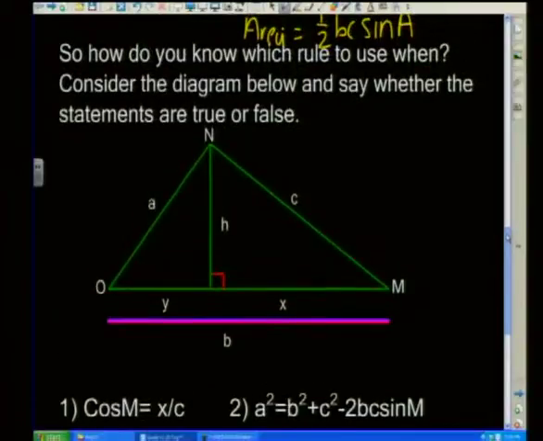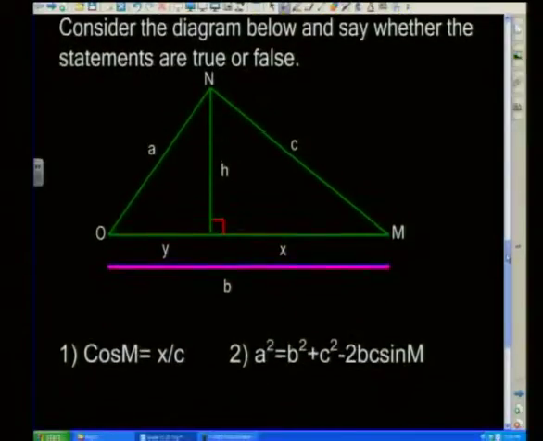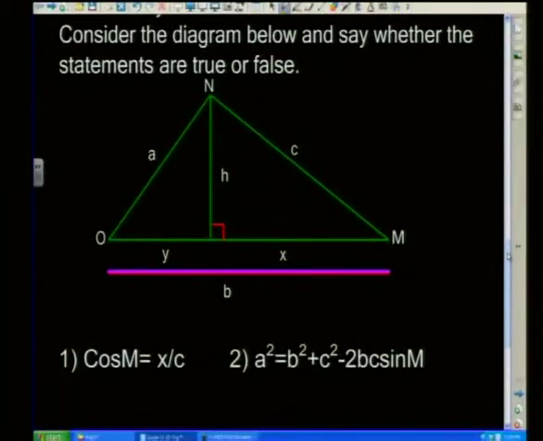All right, so they give you the big triangle, NOM. But if you look at this, there's actually two other triangles within NOM. There's triangle NO, and let's call this point Z. So there's triangle NOZ, and then there's triangle NZM.